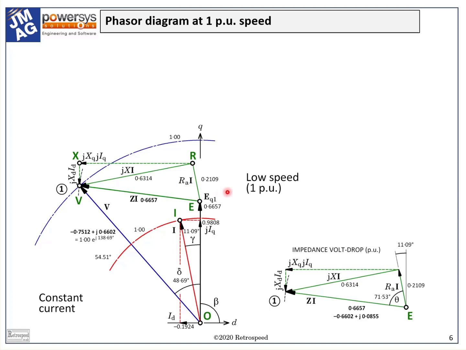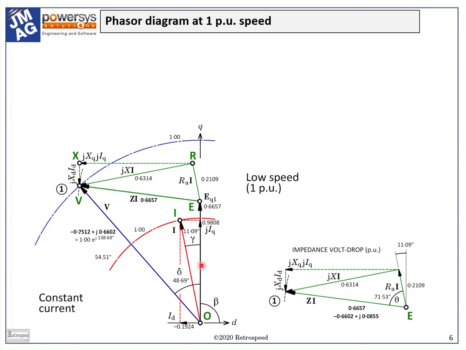Next, there is a reactive voltage drop, RV. In the surface magnet motor with no saliency, this is actually a plain reactive voltage drop, JXI, leading the current phasor by 90 degrees. Its value here is 0.6314 per unit.